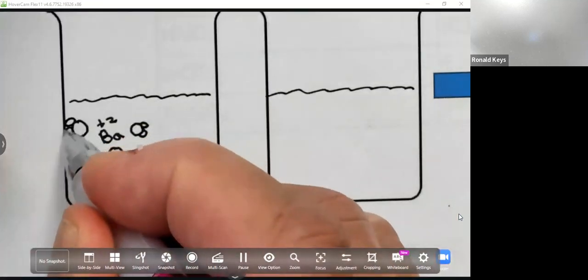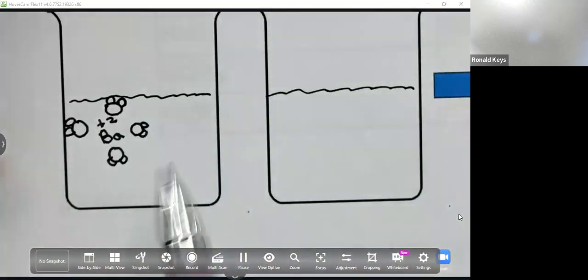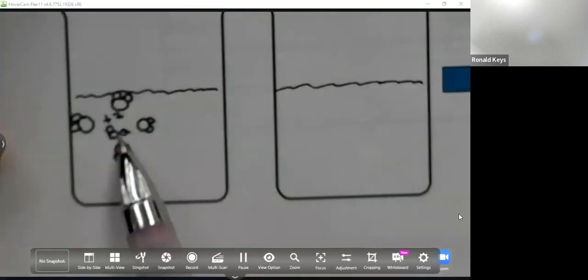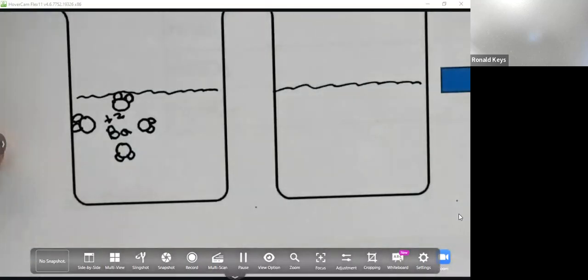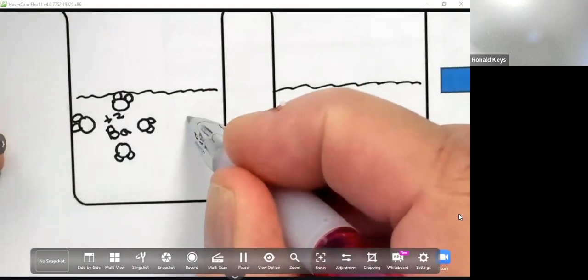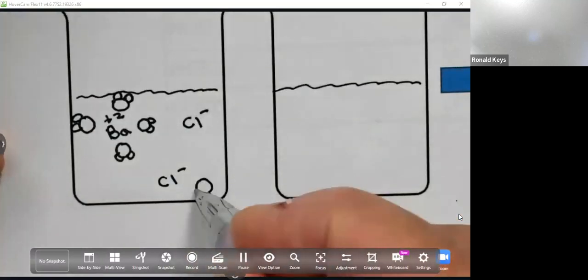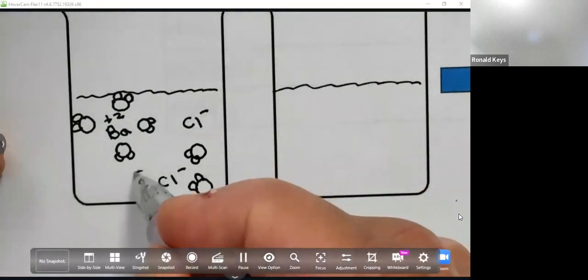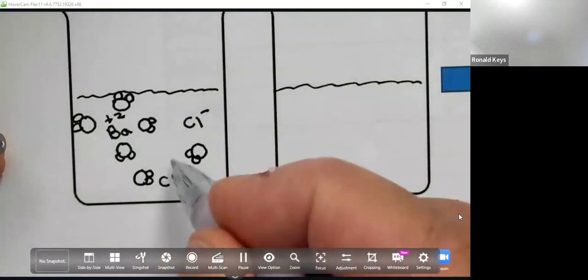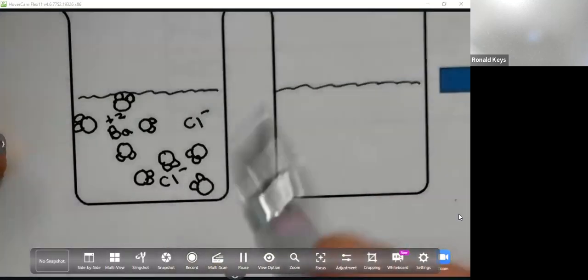So notice my positive ears of Mickey Mouse, which are positively charged, are facing away from there. There is an attraction between the negative oxygen and the positive barium. Then you have 2 Cl minuses in there. In this case, it's going to look like this, where the positive hydrogens are going to be facing the negative ion.